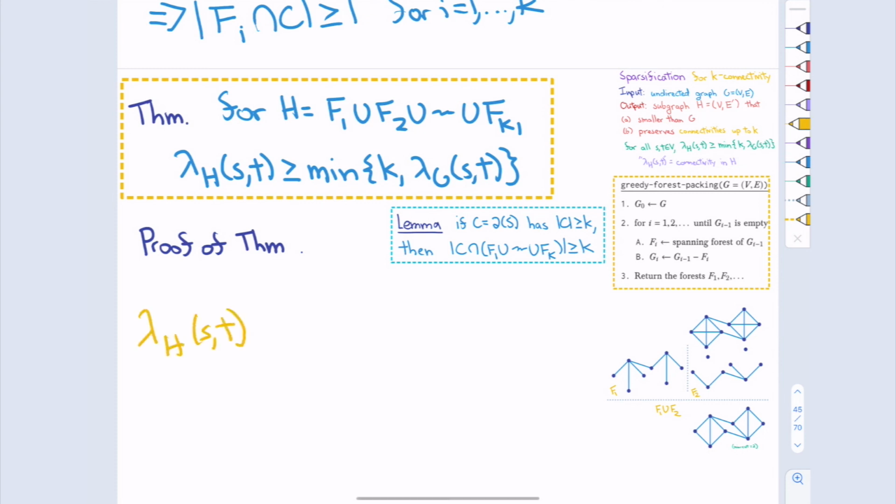If I'm looking at the first K forests, I want to know the connectivity between S and T. If the minimum cut between S and T was greater than or equal to K before, then each cut has at least K edges. So let's say the minimum cut was already greater than or equal to K.